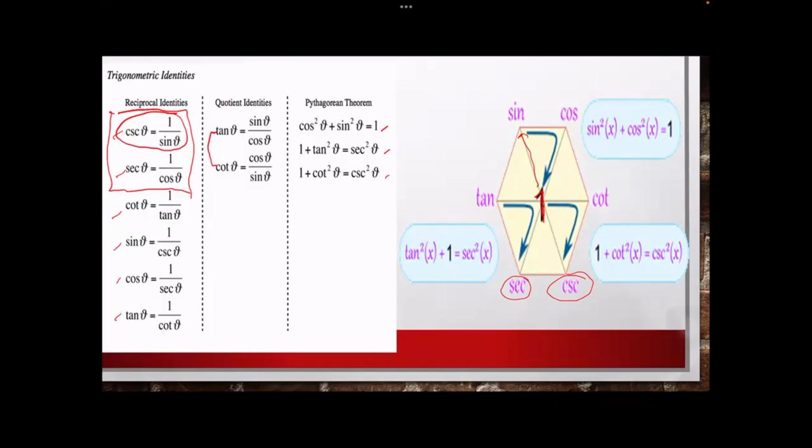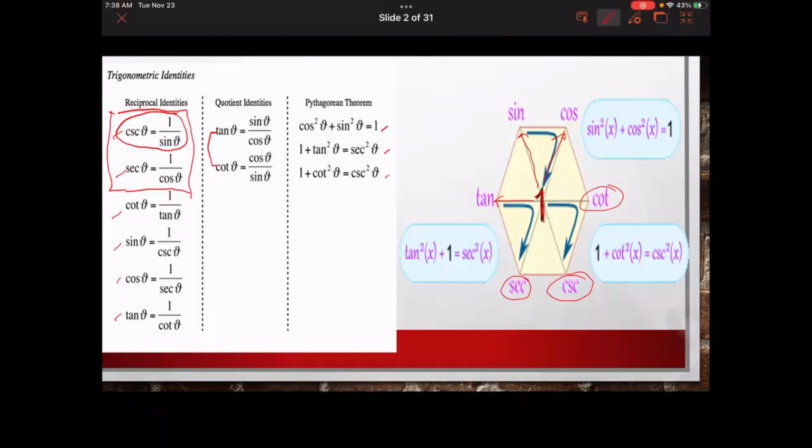Then yung cotangent, bali 1 over tan. Kung sine naman, pabalik naman siya. Ito yung sine, then 1 over the cosecant.